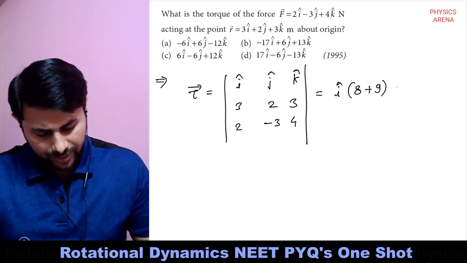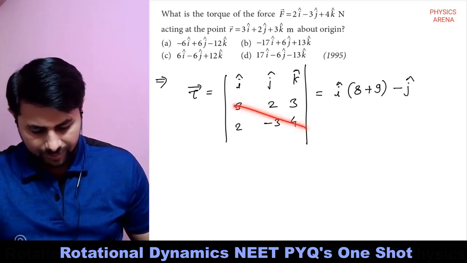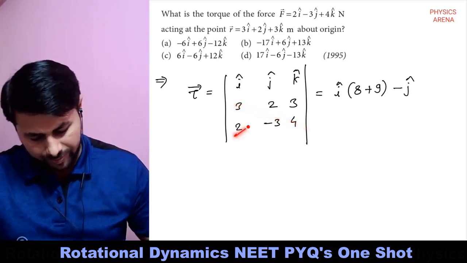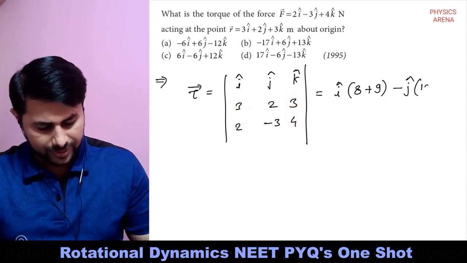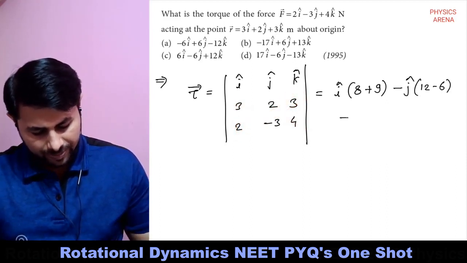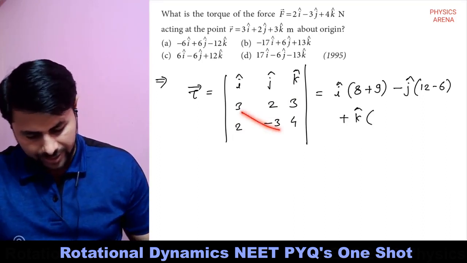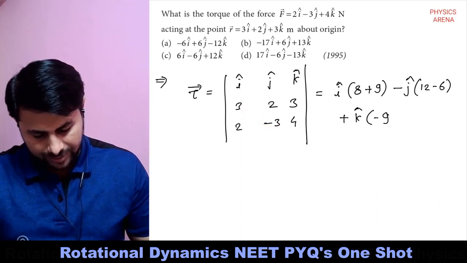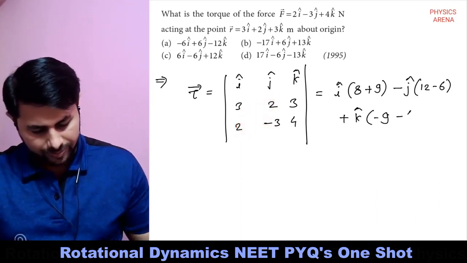So minus minus plus. Minus J cap multiplied this times this. So 12, 12 minus 6, okay, so 12 minus 6 plus K cap multiplied by 3 times minus 3, which is minus 9, minus 2 times 2, so minus 4.